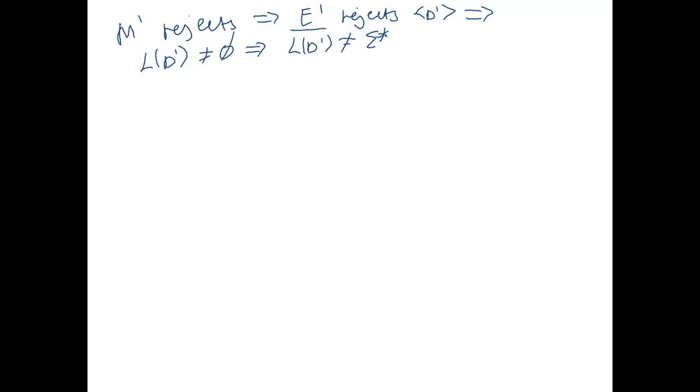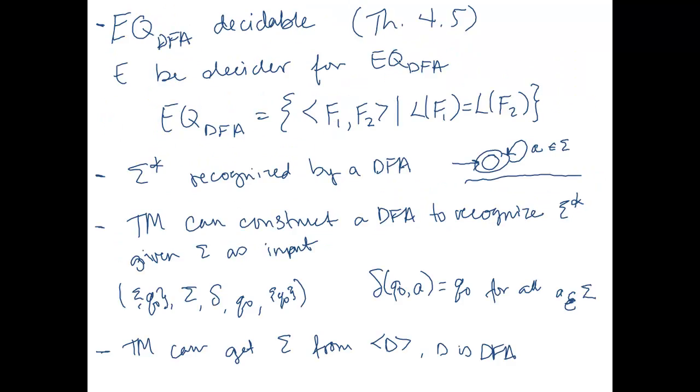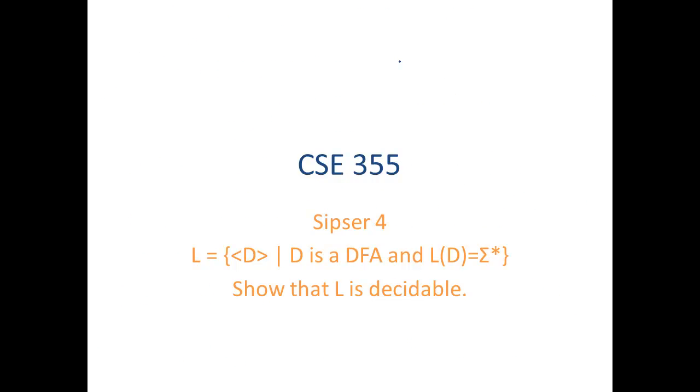Okay, so this also means that the language of D prime complement, which is equal to the language of D, is not sigma star. Okay, so now we have two different proofs showing that L is decidable.